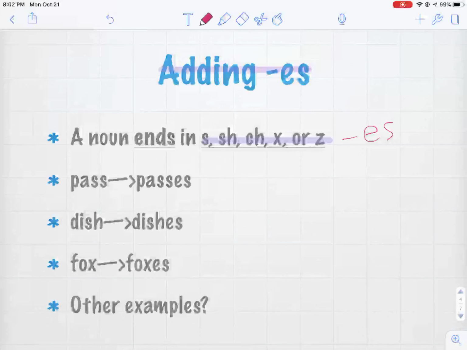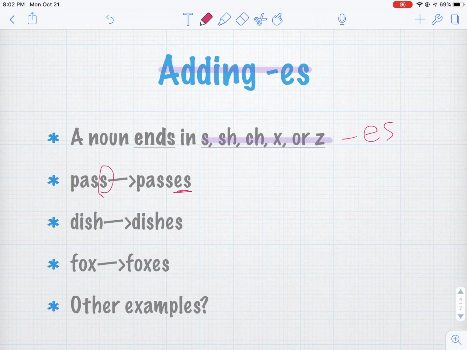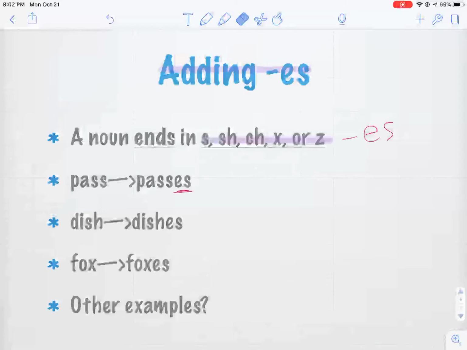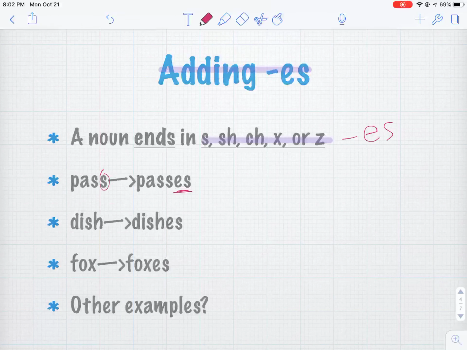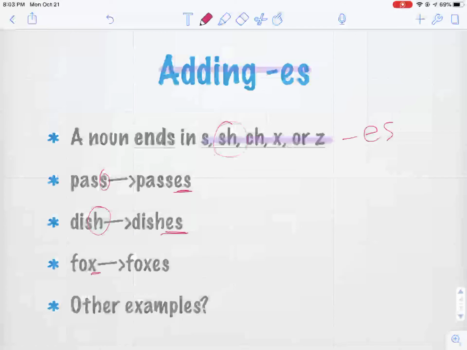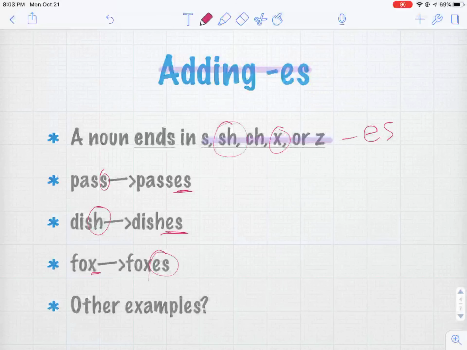So for example, the word pass ends in an S, so you have to add ES because it would not look good to just add an S. Now, the word dish ends in SH, so again, you add the ES. Fox ends in the X, so you again add ES.